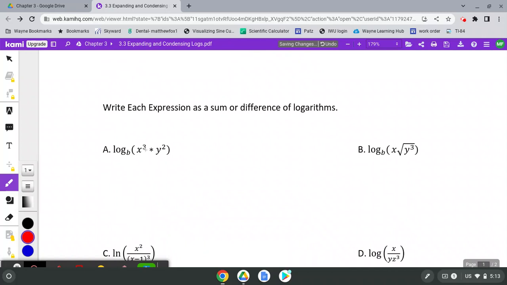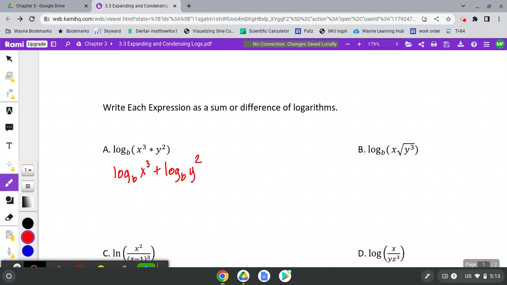So if we have an exponent here, when they are being multiplied, let's start off with our multiplication. If we have these 2 multiplied together, we could rewrite that as log base b of x to the third plus log base b of y to the second.